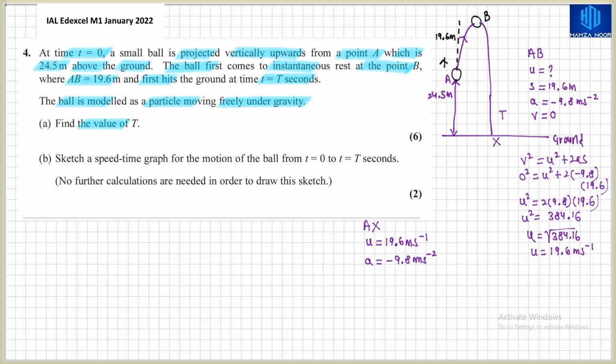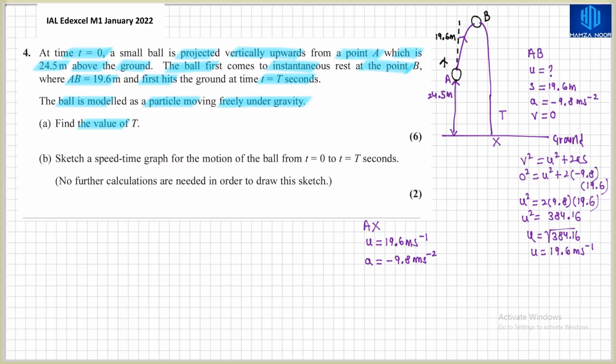In this whole journey, the velocity decreases while the ball is going up, as it is decelerating, and when the ball is coming down, it has a negative acceleration, meaning an acceleration in the opposite direction. So for the whole journey, acceleration would be minus 9.8 meters per second squared.